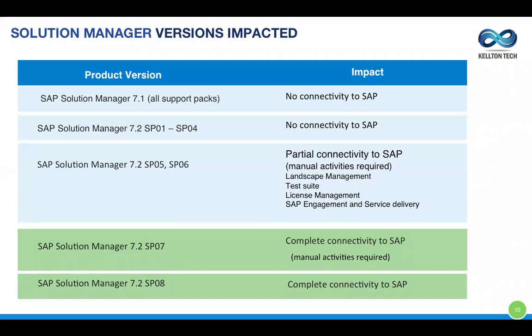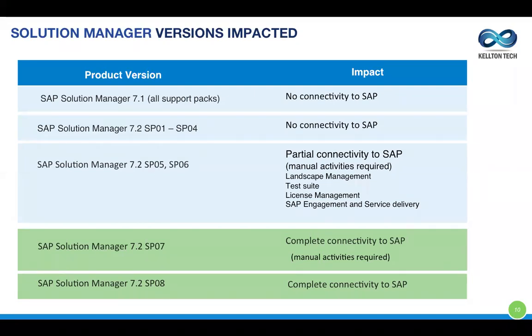Few things would work, few things will not work, which means you're not fully utilizing the Solution Manager system. And a lot of manual activities are required so as to align the system to the support backbone infrastructure update. Same thing with support pack 7, everything will work. However, you'll have to do manual activities. You'll have to implement notes.